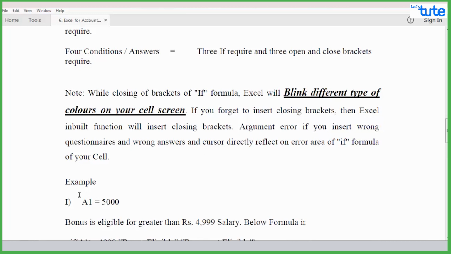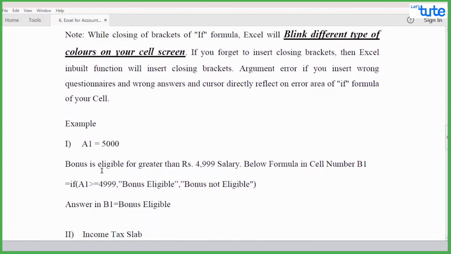Now, we will first understand the example of A1 equal to 5000. If A1 is equal to 5000, the condition is given that bonus is eligible for a salary greater than rupees 4,999. Write the formula in cell B1.